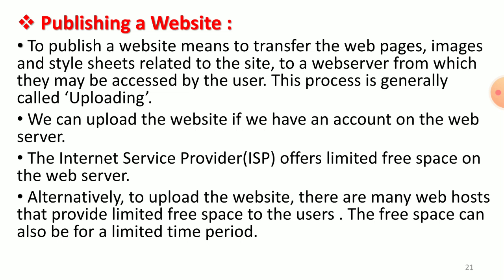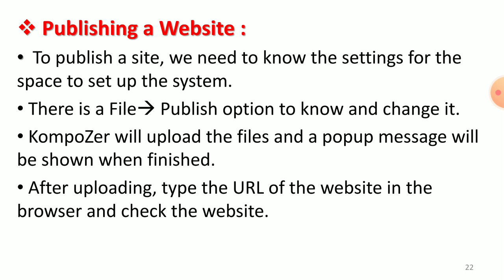There are many web hosts that provide a limited free space to users, and the free space can also be for limited time periods. And the next topic is publishing a website. This topic is also explained.